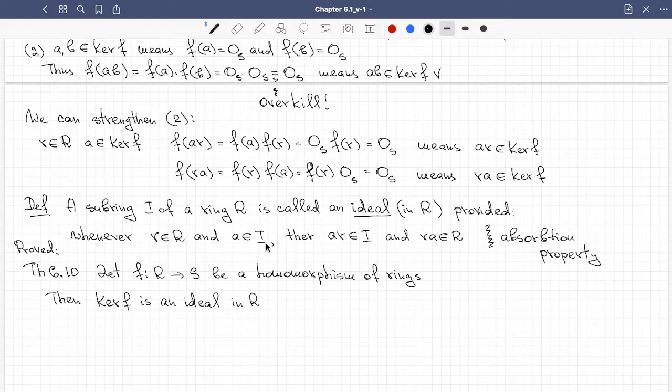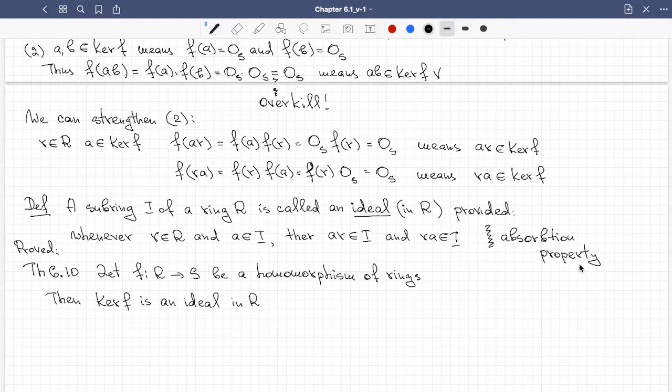An ideal absorbs for an element. If we multiply an element of ideal by any other element, we get back to the ideal. Sorry, typo. So we multiply an element from ideal A by any other element, we get an element of ideal. That is the absorption property.